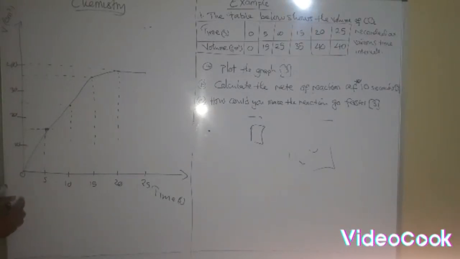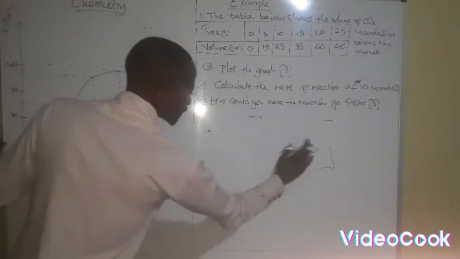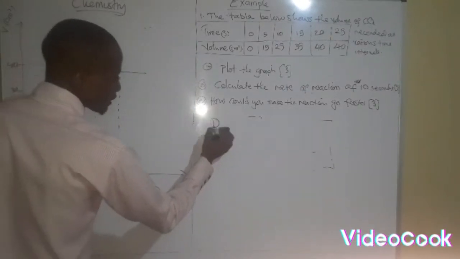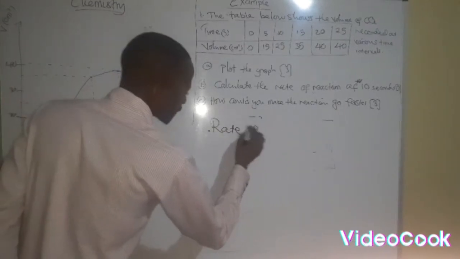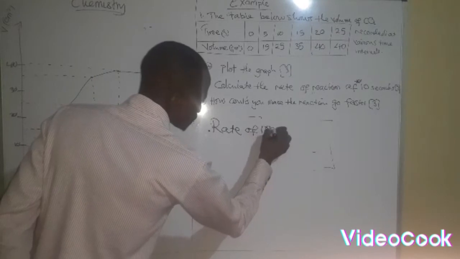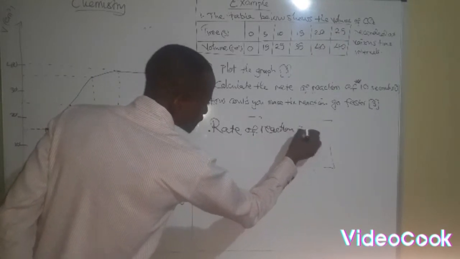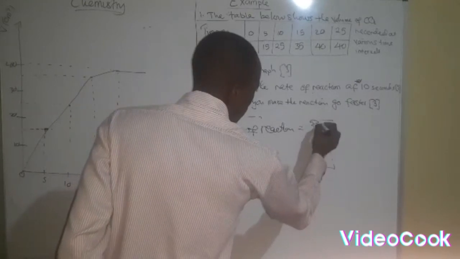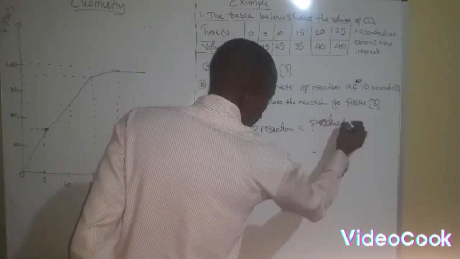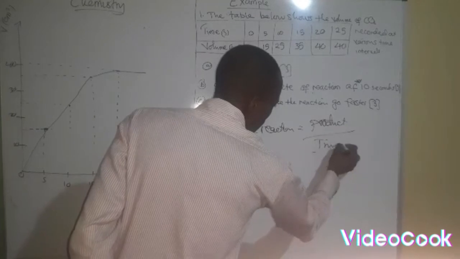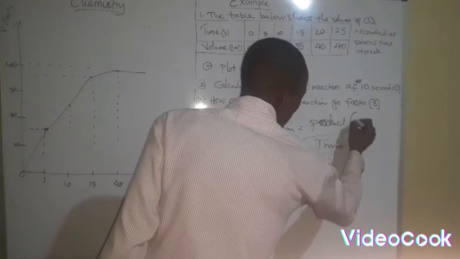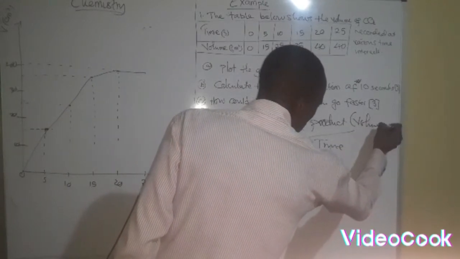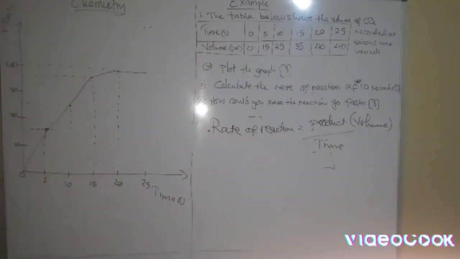So remember I gave you the formula for the rate of reaction, where we said rate of reaction is equal to product over the time taken. See that, eh? So what was the volume in this case? Here, instead of product, we're going to put the volume, because that was what was measured in that case specifically. So rate of reaction is equal to product or volume over time taken.